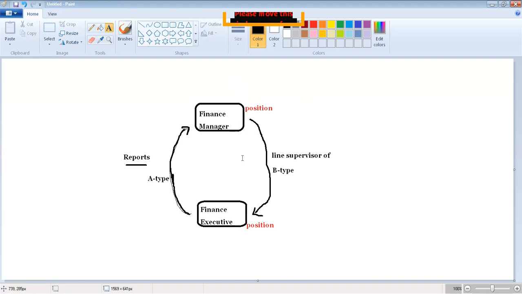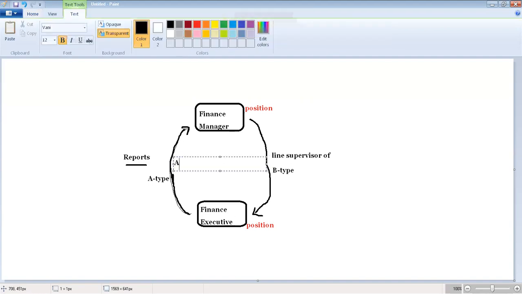Now, when both these are a position, this is also position. Because of that, I'm maintaining the code as A002. And this relationship, I'm maintaining as B002.